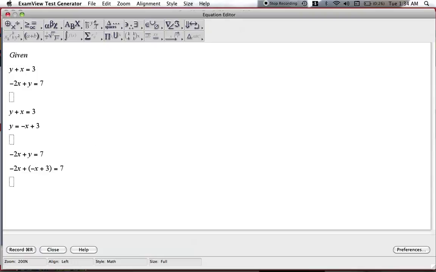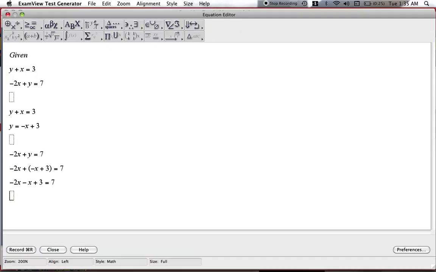We can then use the distributive property. Positive 1 times negative x, we're left with negative x. Positive 1 times 3, we're left with 3. Equals 7.